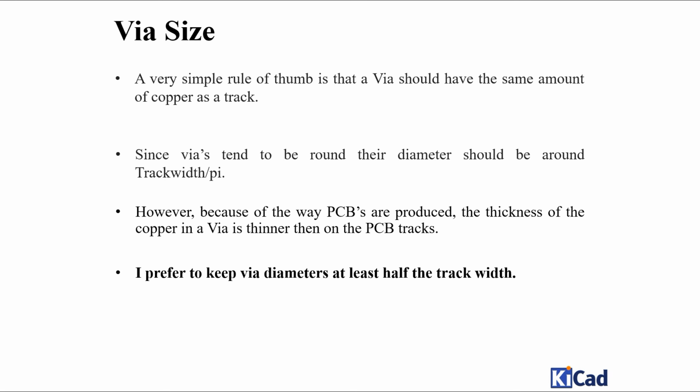I prefer to keep via diameter at least half the track width. Actually, the track width should match the circumference of the via. In that way you can flow approximately the exact amount of current through the via as the track can withstand.